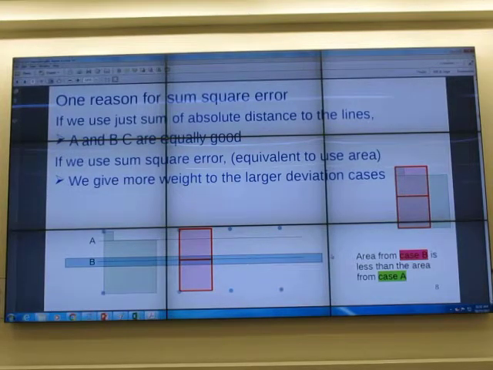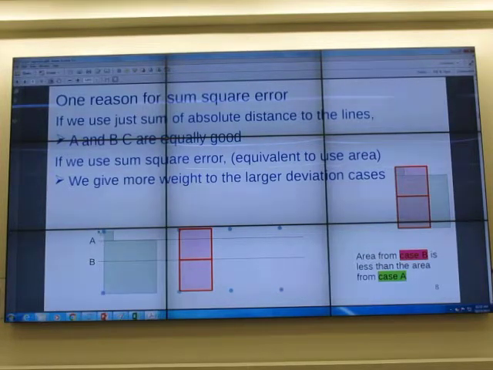So if you just add the absolute value of the error together, what do you get? So for line B, the absolute value is a distance, the perpendicular distance, right? The perpendicular distance will be that plus that, plus that, plus that, plus that, plus that, plus that. That's for B. For A, you have the same thing.